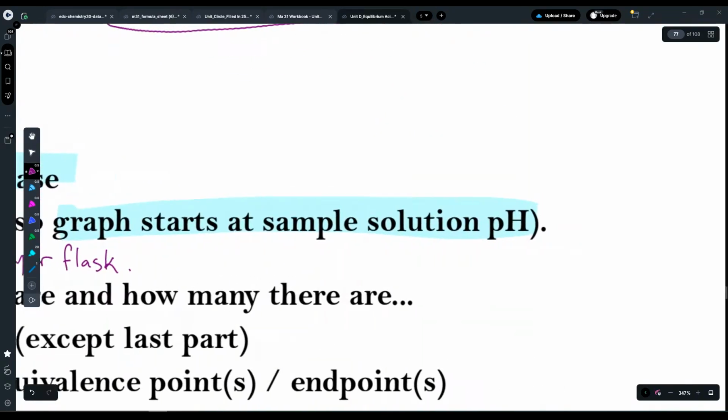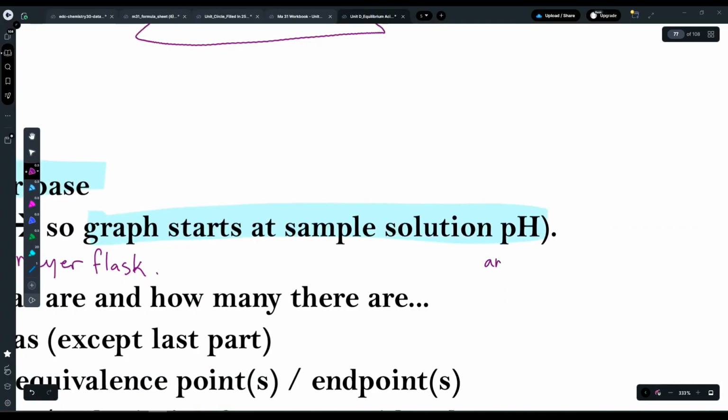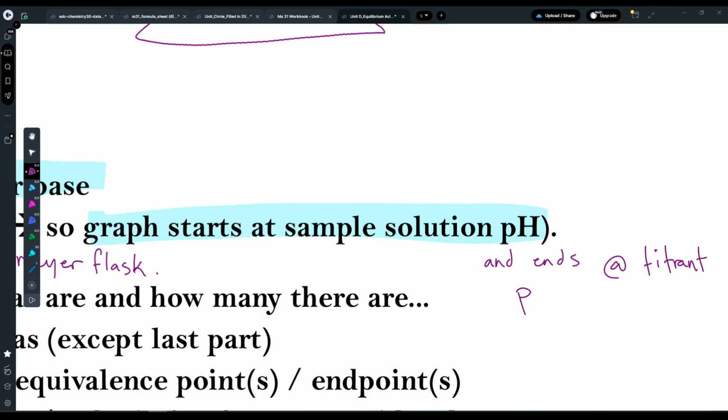And then we're going to add over here and it ends at the titrant pH.